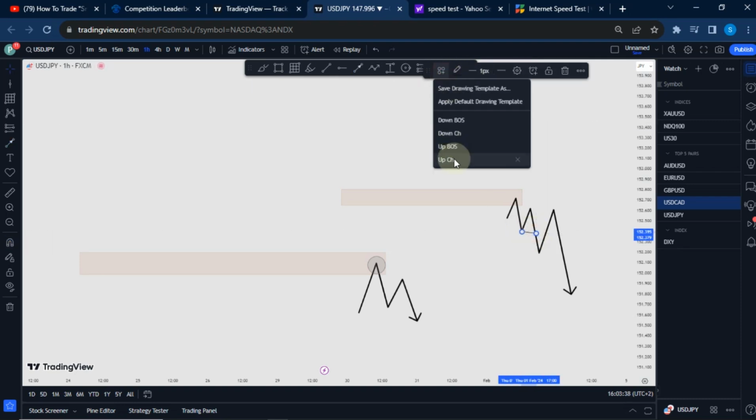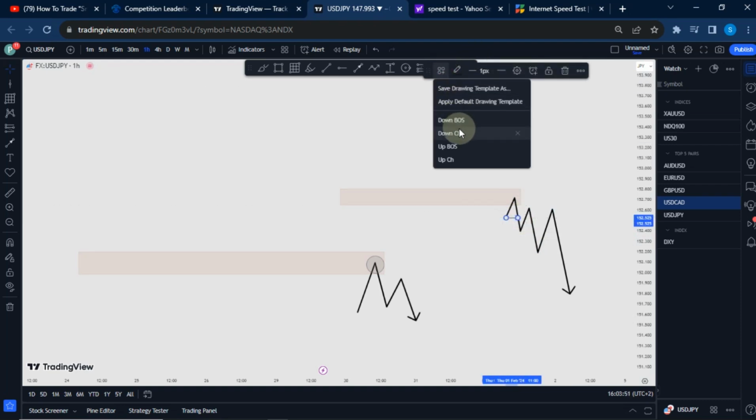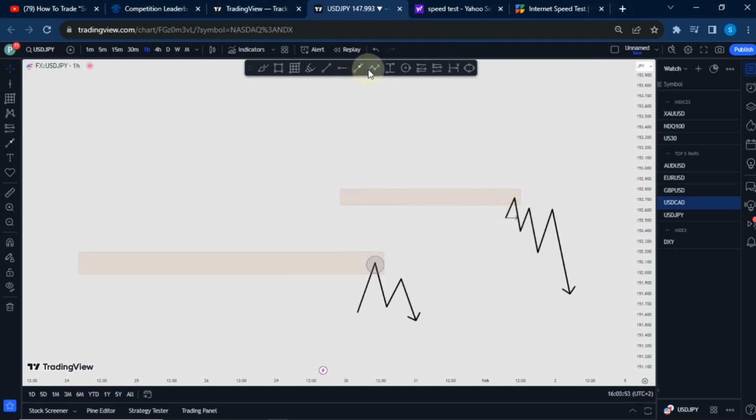In this case, it's our down change of character. After a change of character, what follows is a down break of structure.